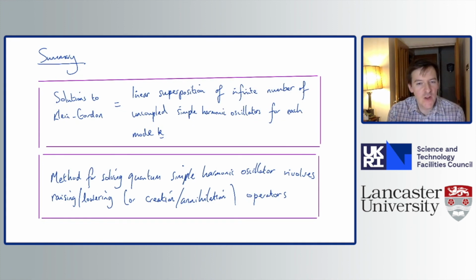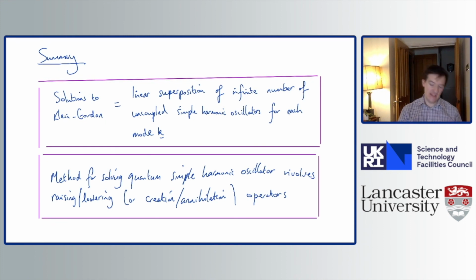Okay, we've run out of time in this lecture, so let me just summarize the two key ideas that we've looked at. The first is in the top box. We've seen that solutions to the Klein-Gordon equation are linear superpositions of an infinite number of uncoupled simple harmonic oscillators. The second thing we looked at is, since we know that Klein-Gordon has something to do with harmonic oscillators, the methods for solving the quantum simple harmonic oscillator.